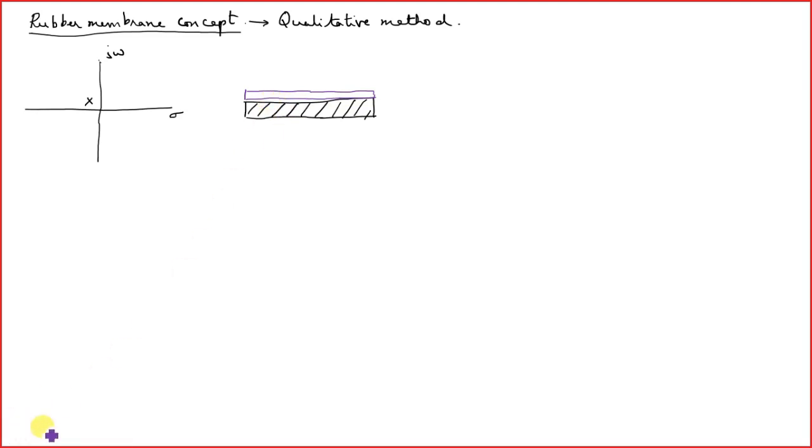Maybe I will just erase this one. So you have affixed the rubber membrane onto the top of this plane. Now this S plane is covered with a rubber membrane.